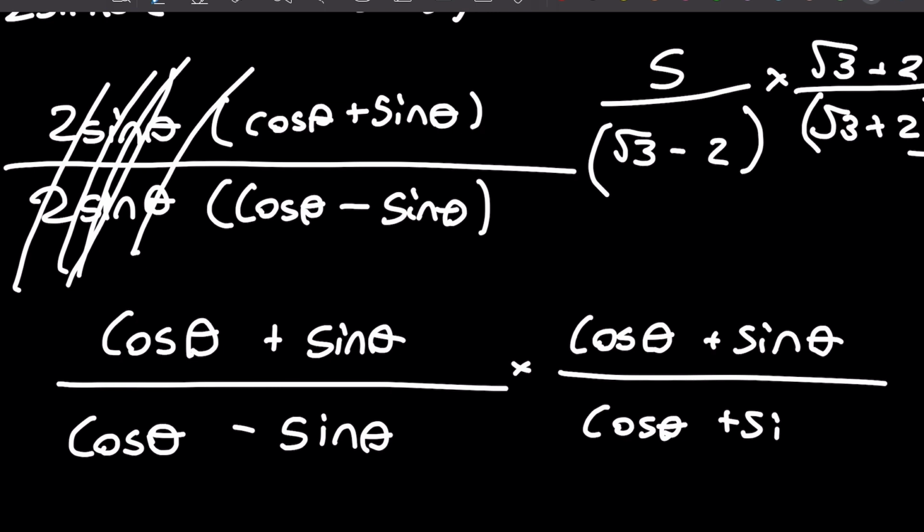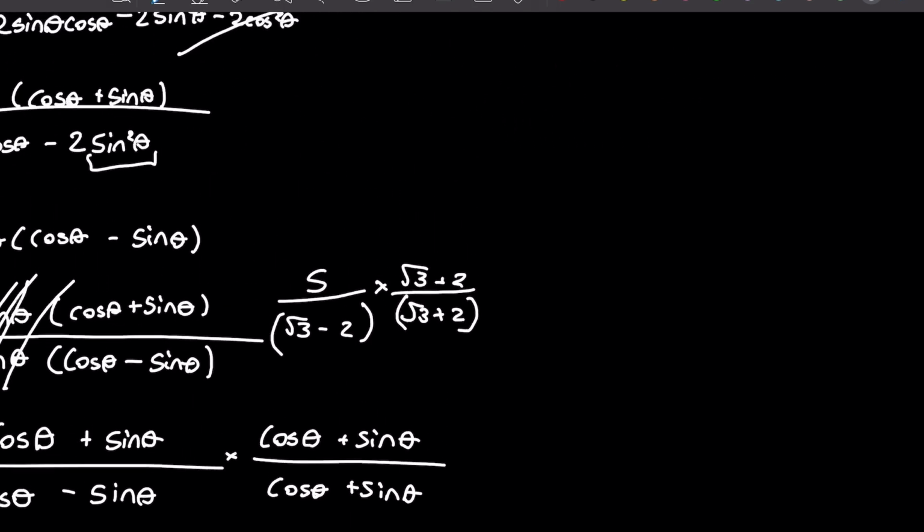Now, why do we want to do this? Well, we want the denominator to be a single thing, because we do not want to have a minus sign in the denominator.